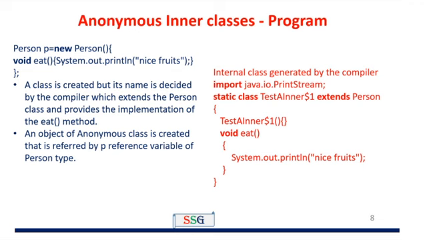That means these 3 lines of code are converted to 8 lines of code by the Java compiler. This class is called an anonymous inner class. This anonymous inner class is created by the compiler during the execution of the program.